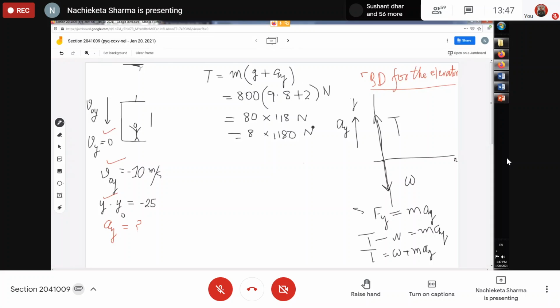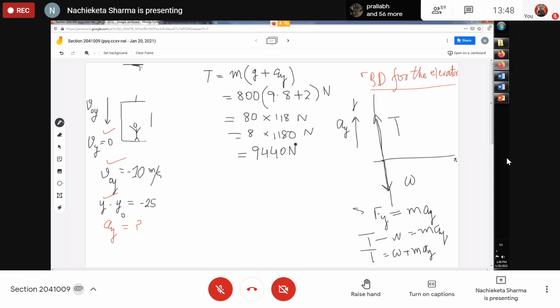So 11 into 8 is 88, 8,800 plus 640, and you can do the calculation and you will get the tension to be 9440 Newton. 9440 Newton.